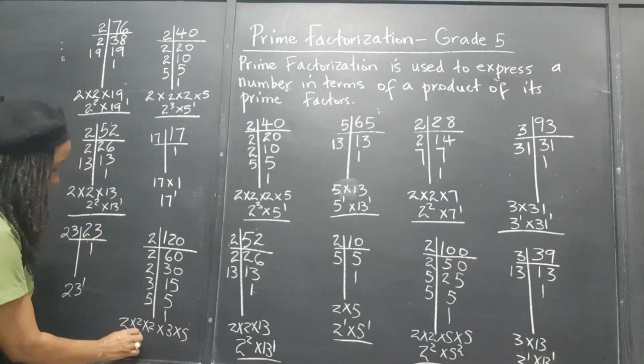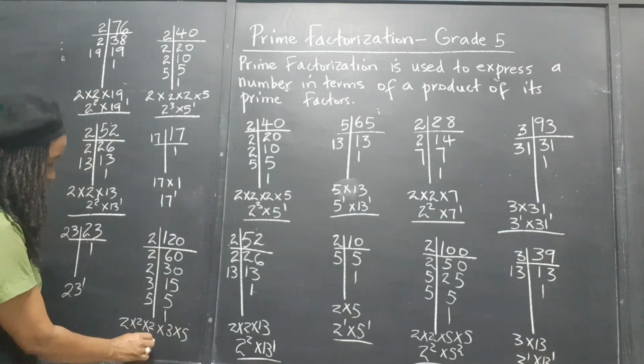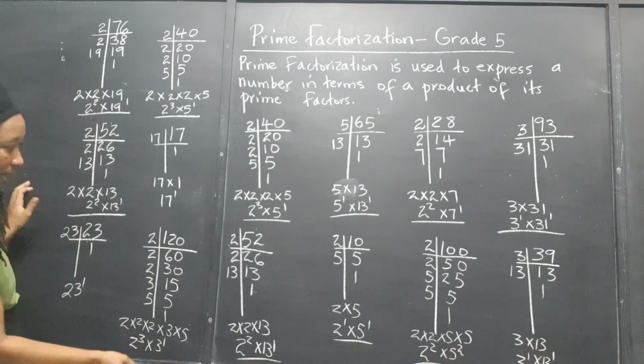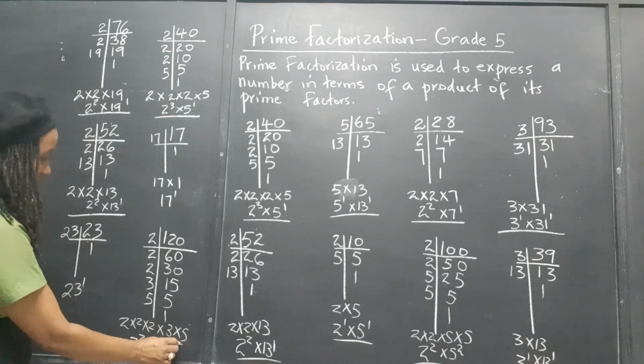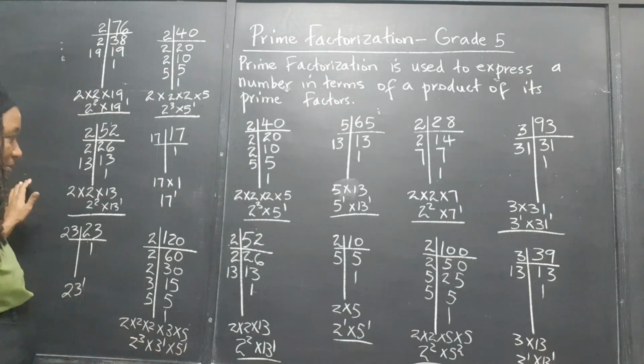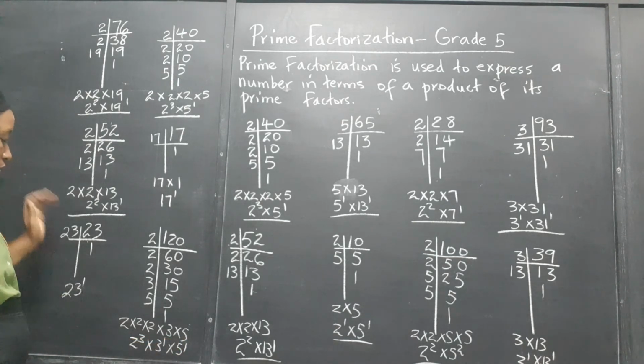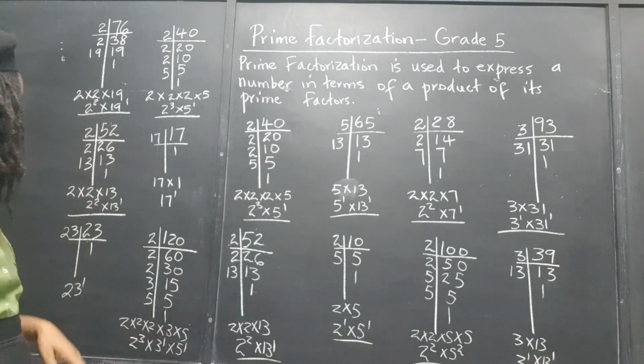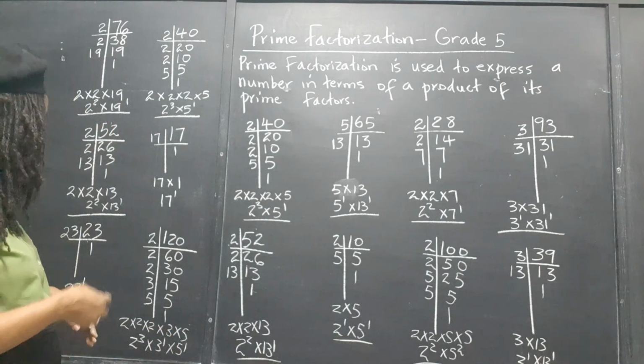That's 2 to the third power times 3 to the first power times 5 to the first power.